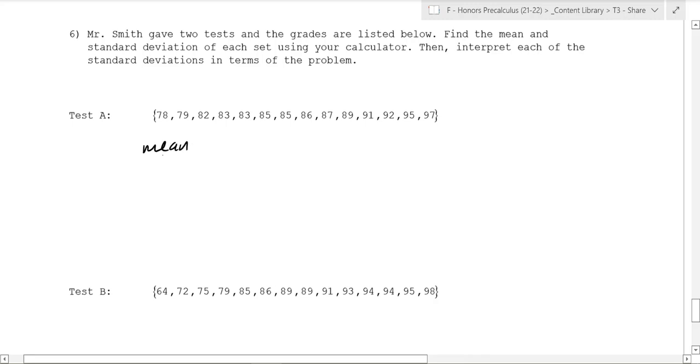In this case, when you add it all together, you end up with a mean of 86.57, and you end up with a standard deviation of 5.46.